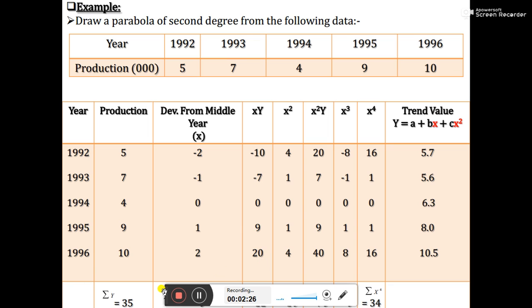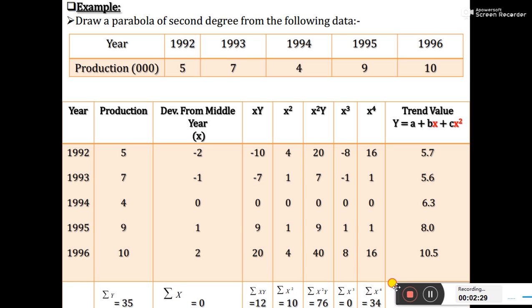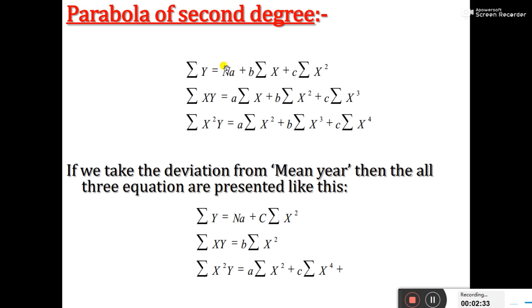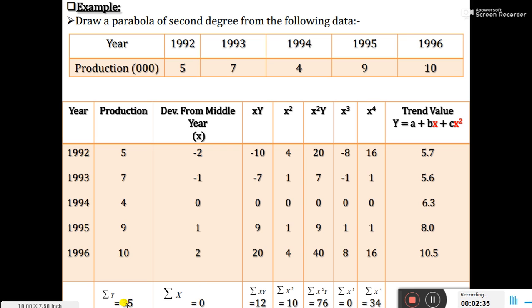Here again you can see the summation of y, which will be required for this equation. Summation of y is 35 if you sum these values. Then summation of x equals 0, because it is -2, -1, 0, +1, +2.